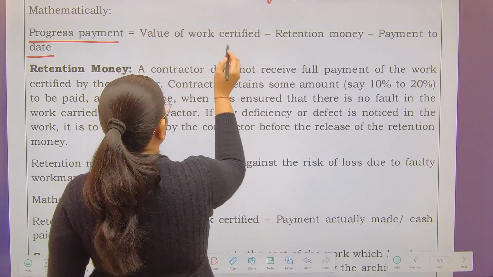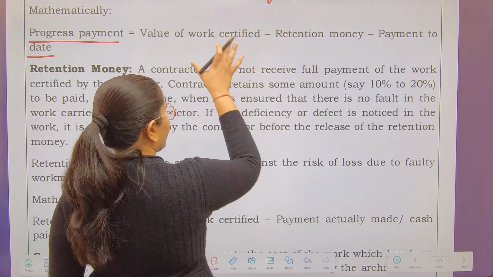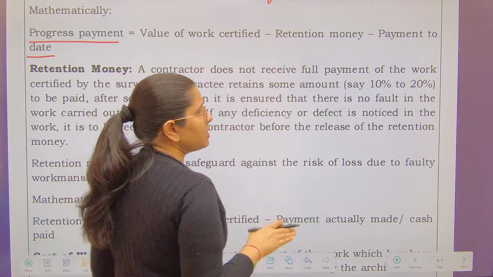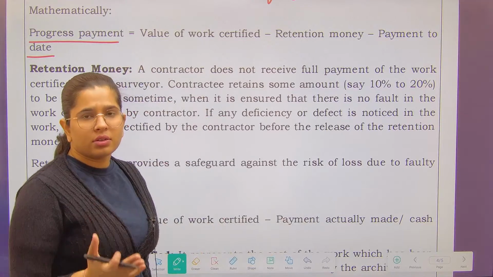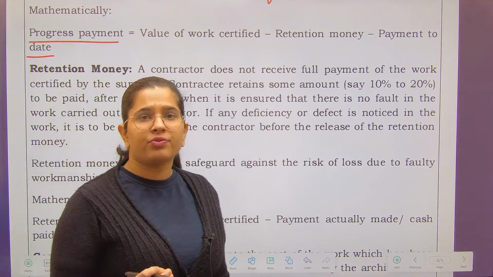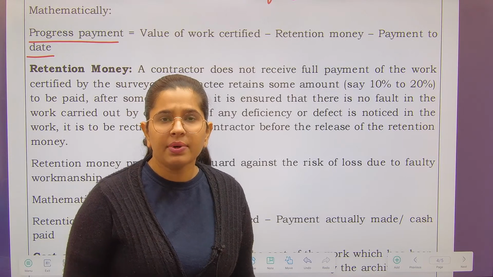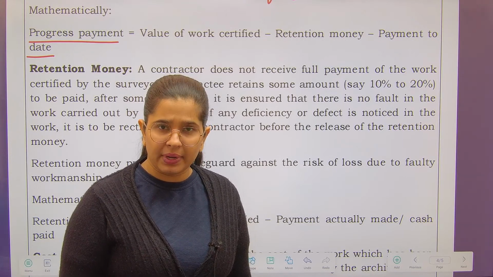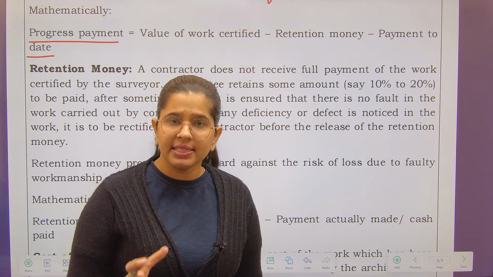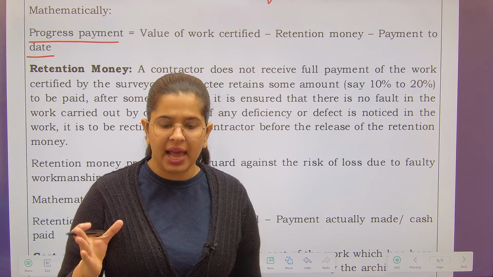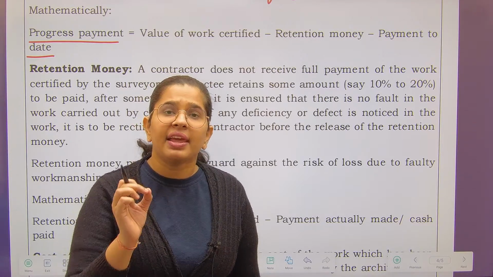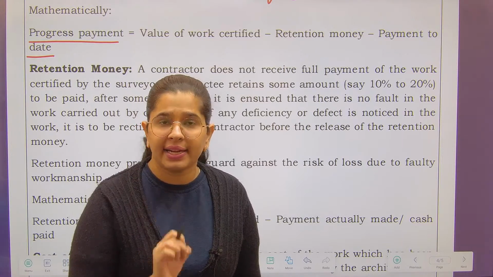Whatever value of work has been certified already; retention money means your contractee does not give you the total money. If 20% of the work has been completed, then that means 18 lakh worth of work has been completed. But practically they will never pay you the total 18 lakhs.